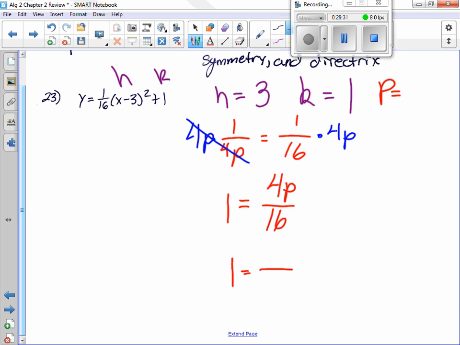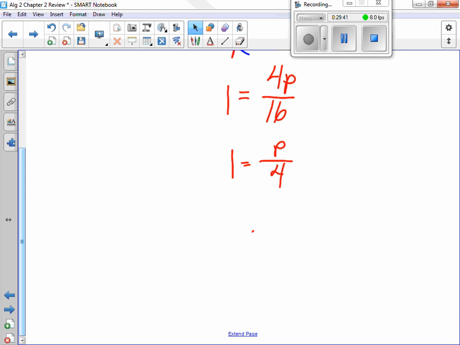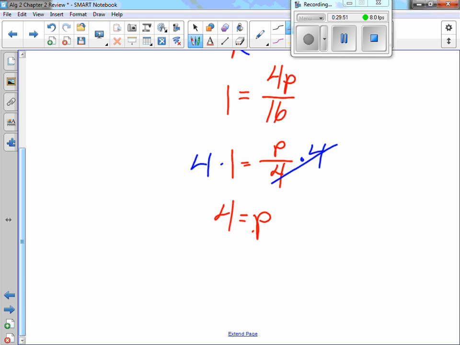Now 4 over 16 is going to reduce down to 1/4, so we end up having p over 4. To get p by itself, we're going to multiply both sides by 4. Because 4 over 4 will simplify, leaving us with p is equal to 4. Any questions on this here? Any questions on how we got to the value of p?